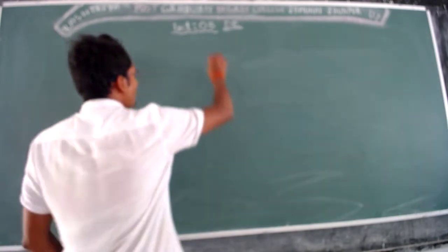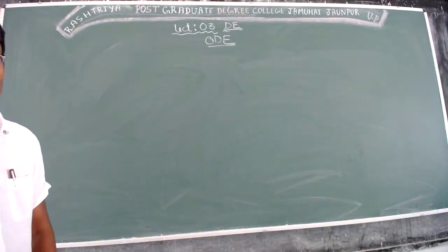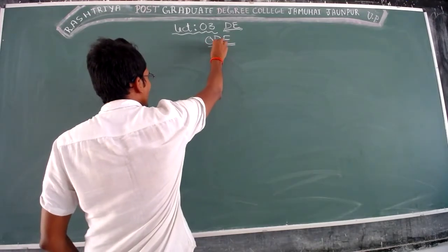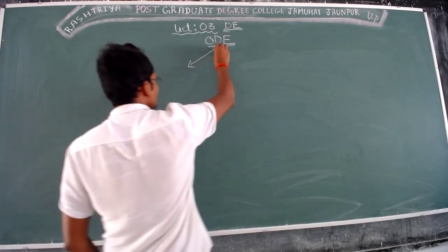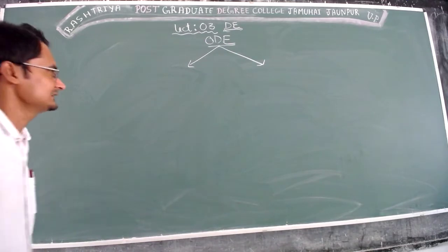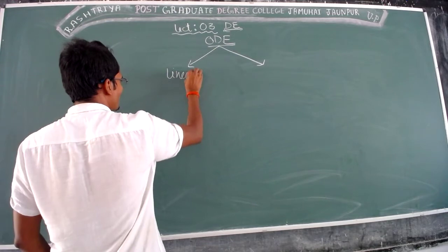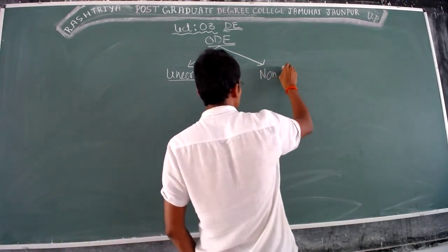So in this ordinary differential equation, OD, we are going to define two types: one is linear OD, another is non-linear OD.